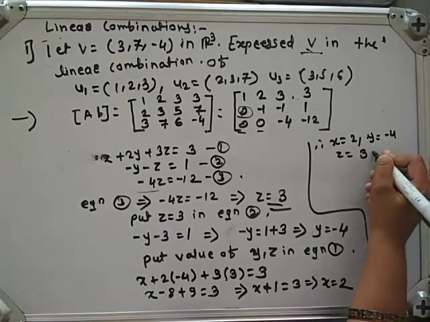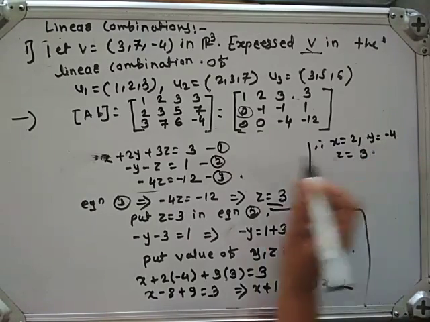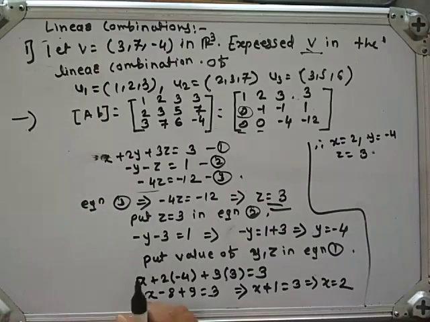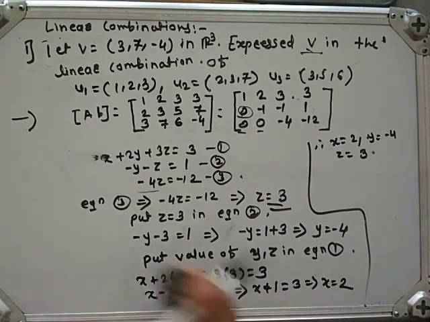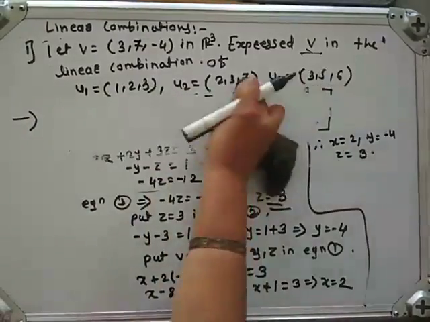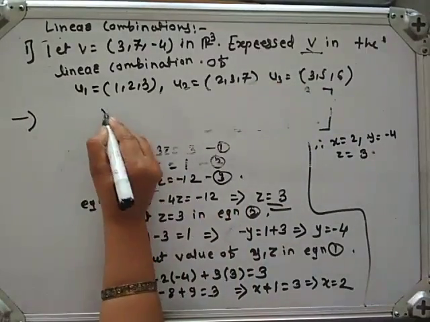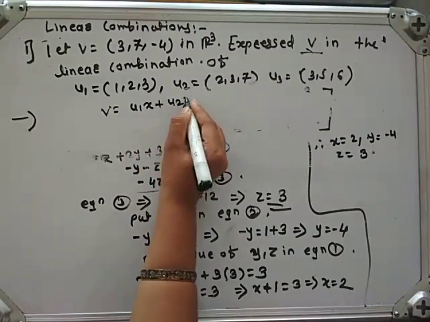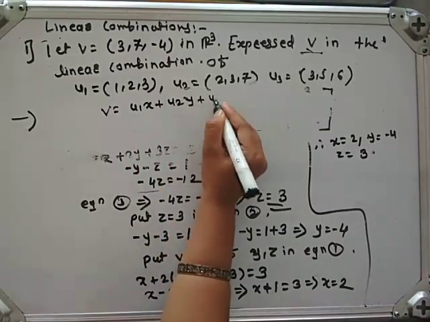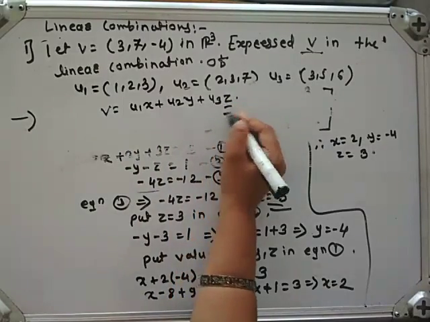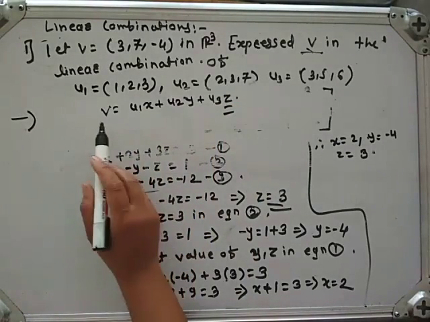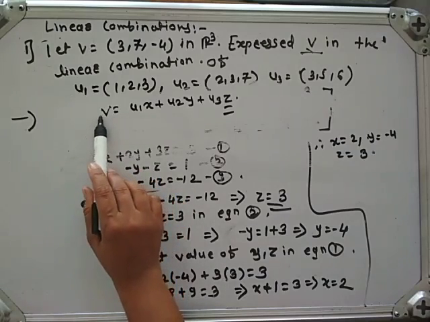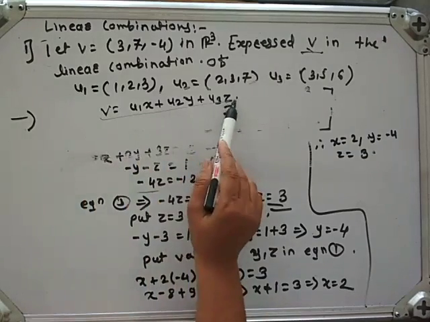In the starting we have written V is equal to u1 into x plus u2 into y plus u3 into z. And we get a solution to this vector equation.